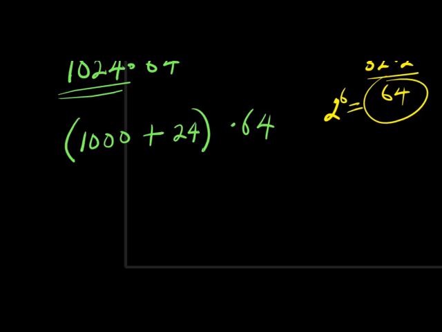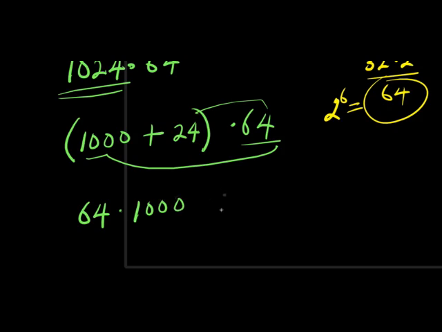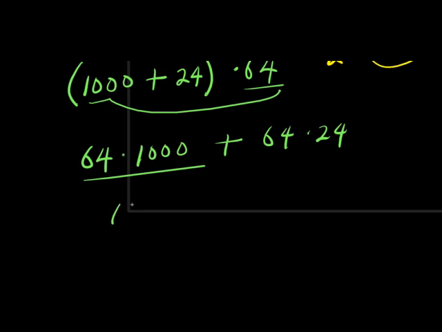So 64 will multiply 1000 and 64 multiplies 24. 64 times 1000 plus 64 times 24. This will give us 64,000 plus 64 times 24.